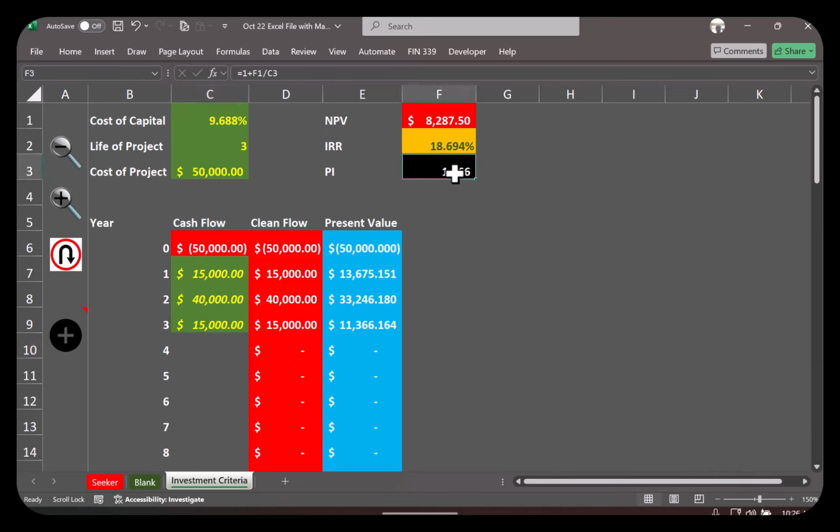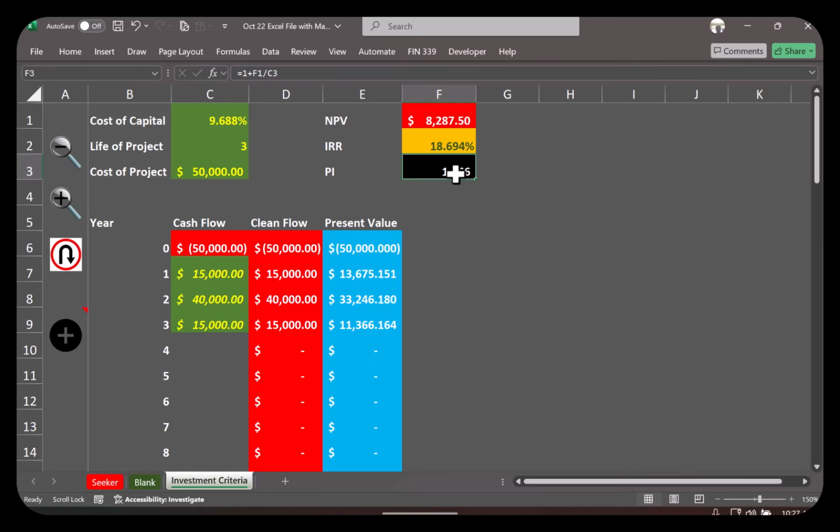And I'm going to put a little formatting here to immediately tell you whether you should accept this project or not. In fact, I'm going to do three choices. If there's a check mark, you should accept. If there's a red cross, you should not accept.